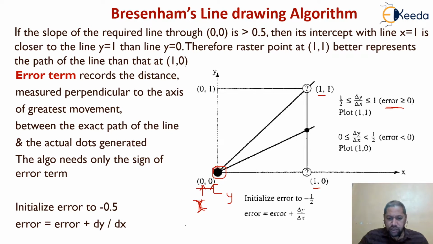Now assume that this is my line. And this is my 0.5 value. This is the center, because I am talking about the y line. This value will vary from 0 to 1, and I consider the center of this to be 0.5.